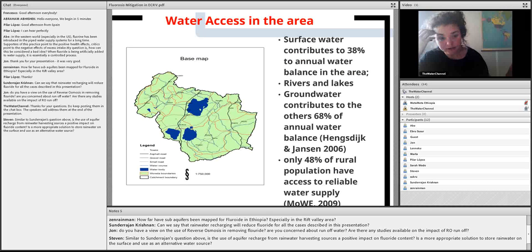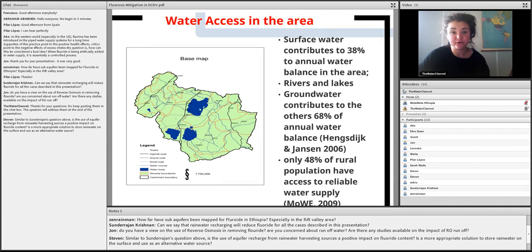A bit of explanation about water access in the study area, the Ethiopian Central Rift Valley. We have a lot of lakes such as Lake Ziway, and also rivers. The surface water contributes 30% to the annual water balance, and the groundwater contributes the other 68%. Also, only 48% of the rural population have access to a reliable water supply.